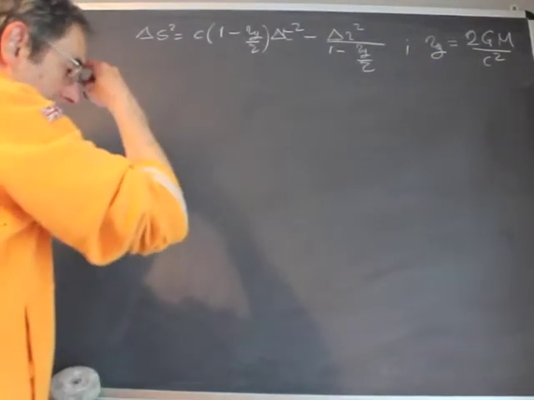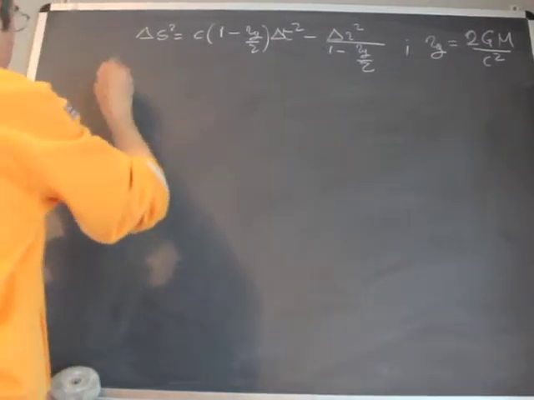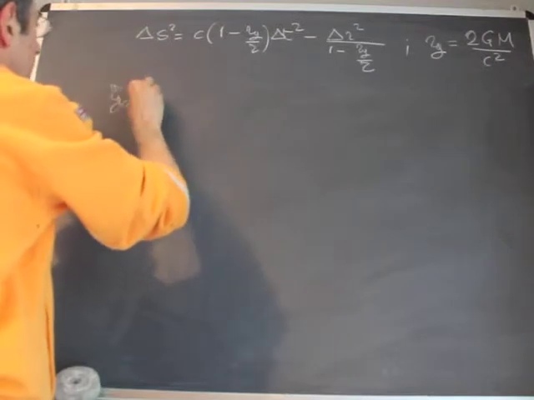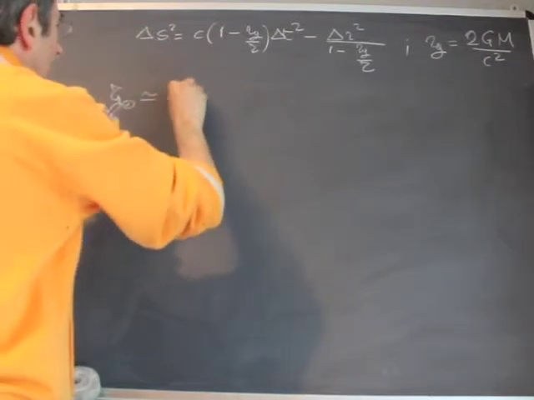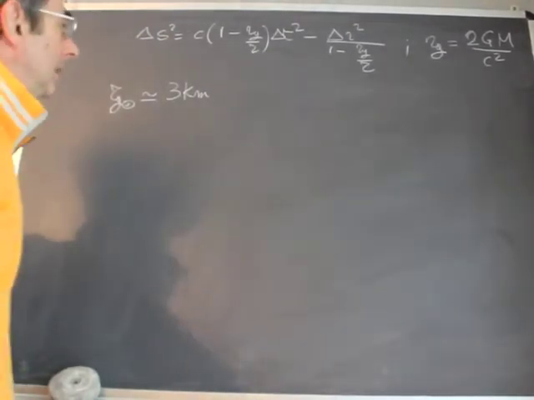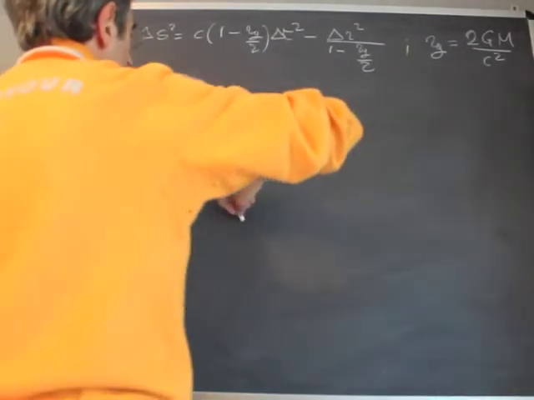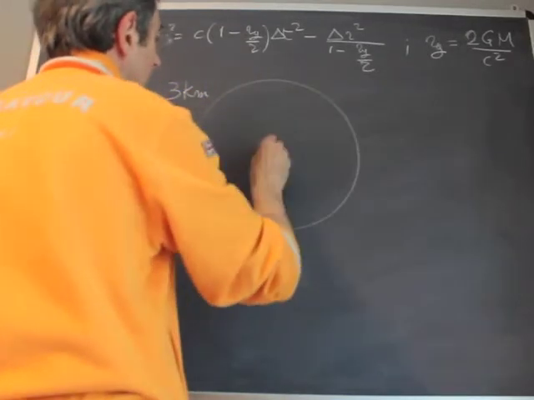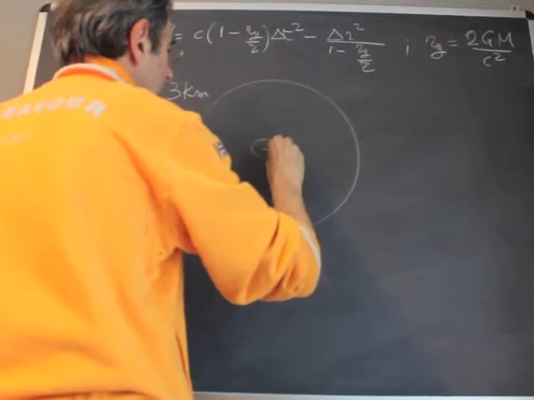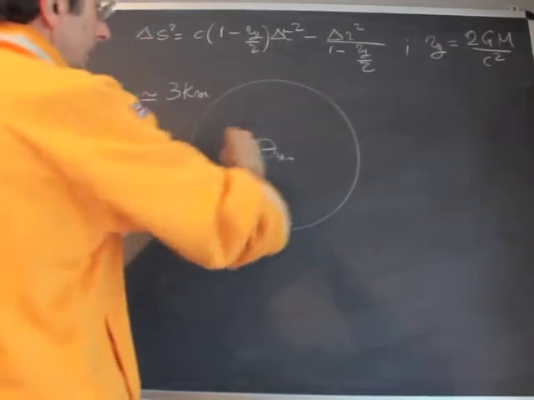We have seen also that, for instance, for the Sun, the gravitational radius is about 3 kilometers. So this is an interesting case, because this is 3 kilometers, and this is not in scale.